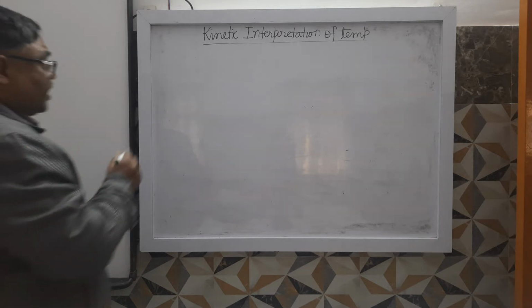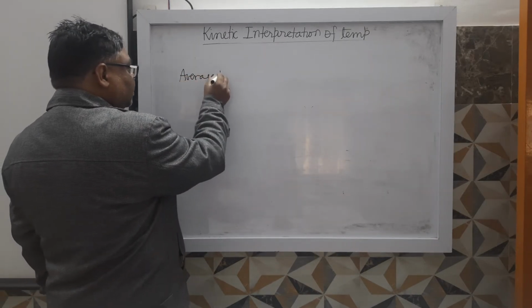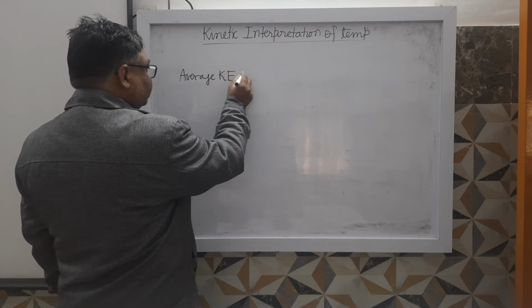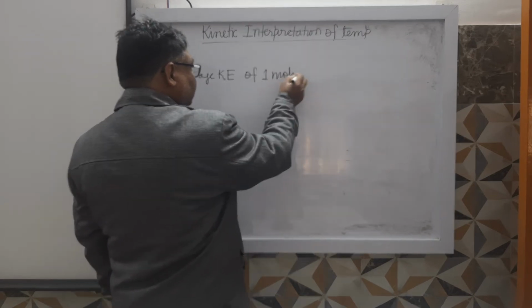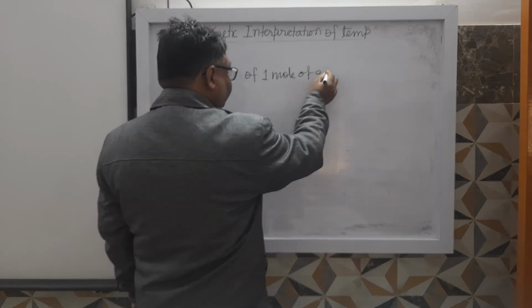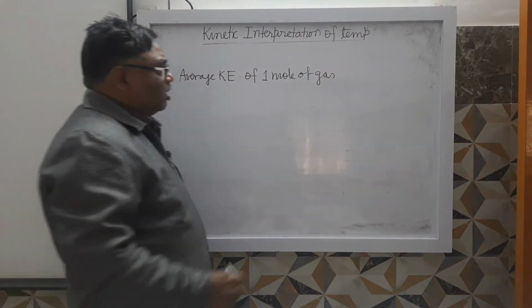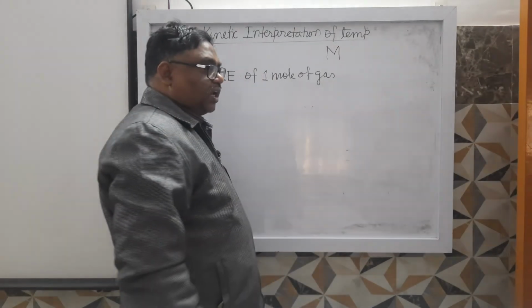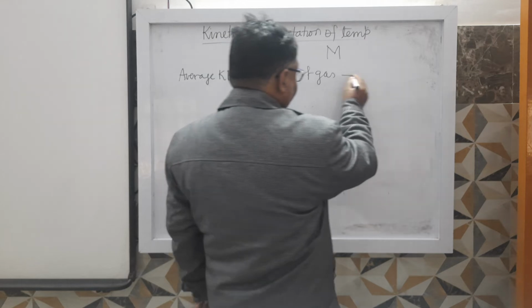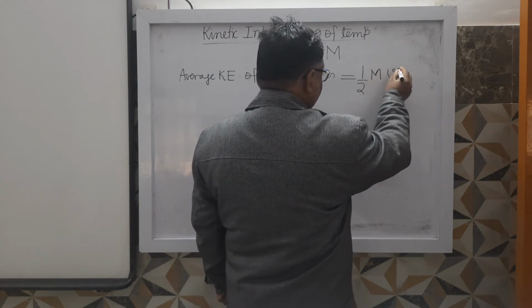Now, average kinetic energy of one mole of gas. What will be the average kinetic energy? So see here, what is the molecular mass of one mole of gas? Is capital M. Therefore, what will be the average kinetic energy? 1 upon 2 M V square bar.